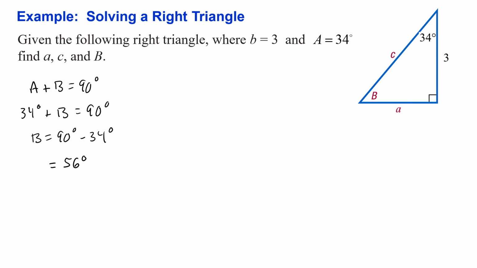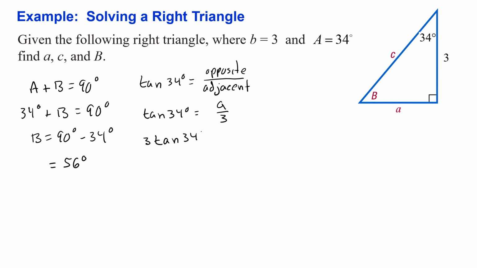Next, let's use the tangent function to find side A. We know that tangent of 34 degrees will be the ratio of the lengths of the side opposite to the side that is adjacent. So we can write tangent of 34 degrees equals side A divided by 3. Therefore, 3 times tangent of 34 degrees equals A, and A is approximately 2.02.